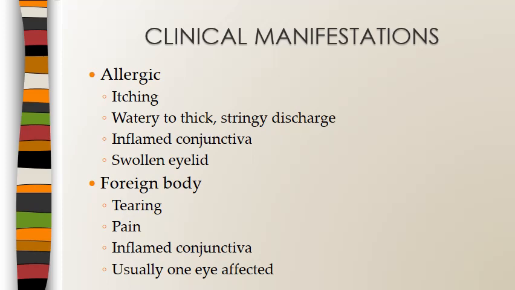With a foreign body conjunctivitis, you'll see tearing because the eye is trying to get rid of what is in it. The kids will complain of pain. You'll see an inflamed conjunctiva, and usually just one eye is affected because usually only one eye has the foreign body on it. It isn't often that you see both eyes affected.